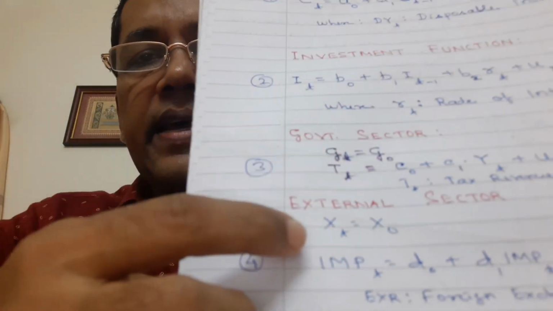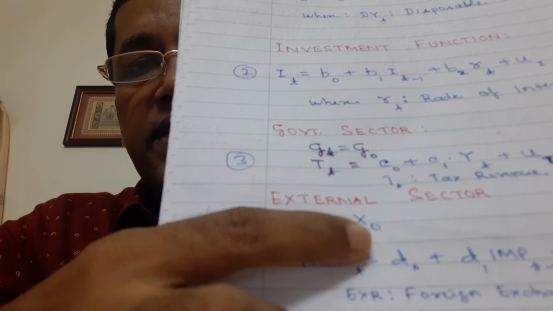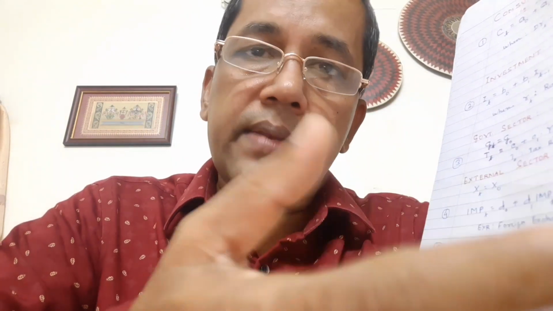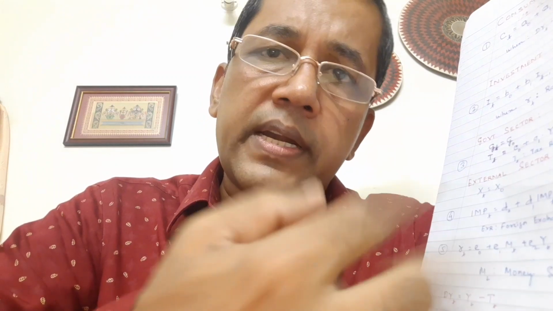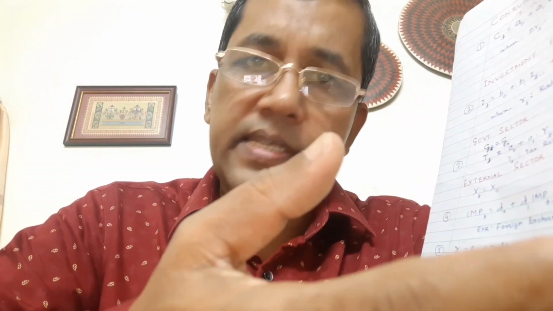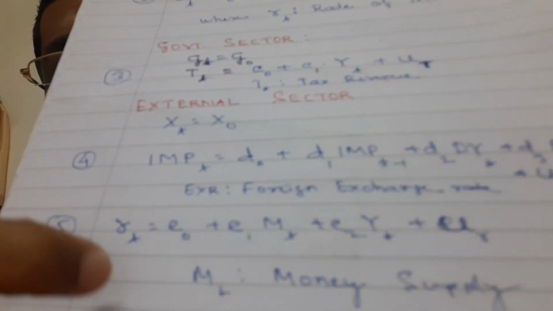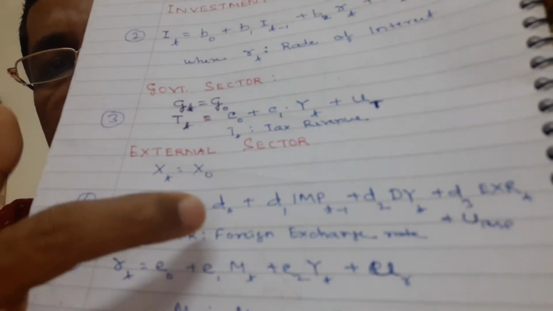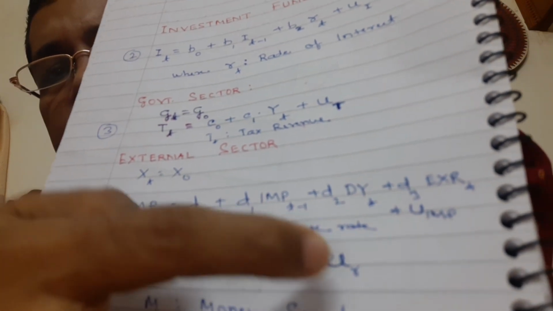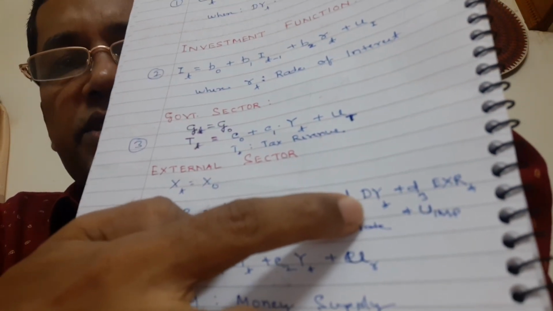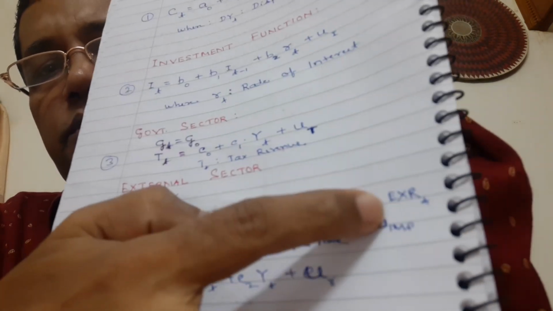Now coming to the external sector, again I am assuming exports X to be exogenous, but if you want to make it endogenous, you can make it a function of world income and exchange rate. It is up to you to what level you can make it complicated, more realistic. And in the external sector, import is a function of last year's import, domestic disposable income, and of course the exchange rate.